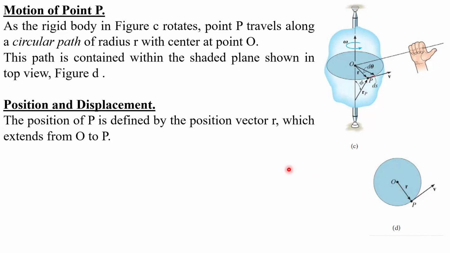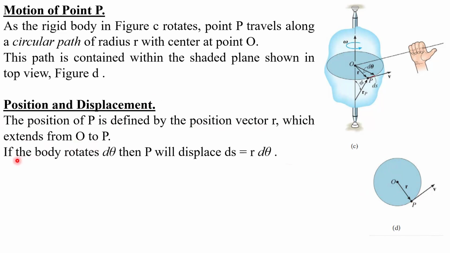Position and displacement. The position of P is defined by the position vector r, which extends from O to P. If the body rotates through an angle d theta, then P will be displaced, and ds will be r d theta.